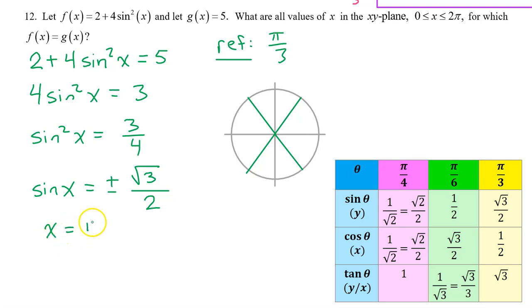So that's our first solution. We can think of pi as 3 pi over 3. So this angle in the second quadrant is 2 pi over 3. And this angle in the third quadrant is 4 pi over 3.